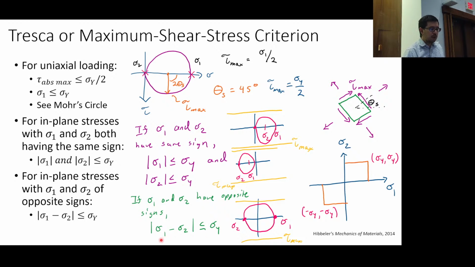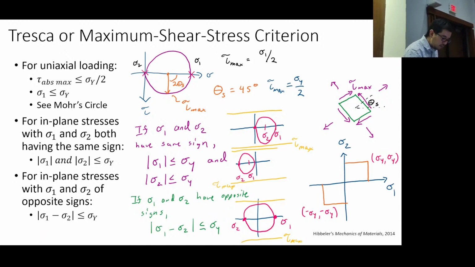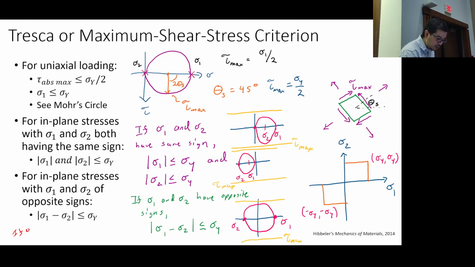I have sigma 1 minus sigma y is equal to sigma 2. All right, you see this? If sigma 1 and sigma 2 are greater than 0, then I can just write down sigma 1 minus sigma 2 is, let's say, less than or equal to sigma y.